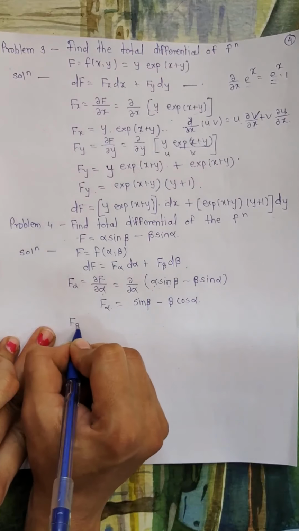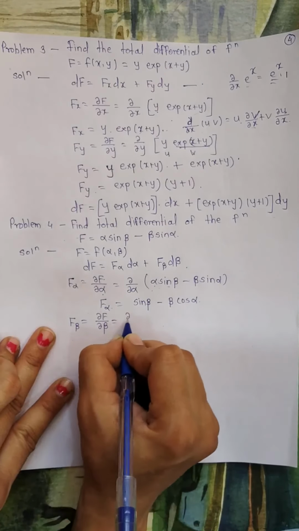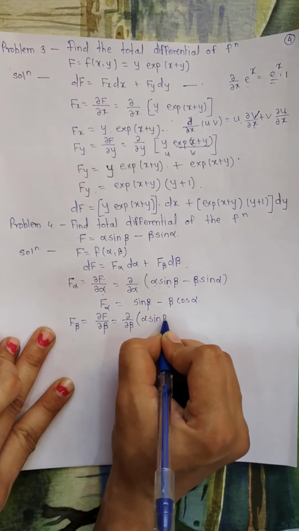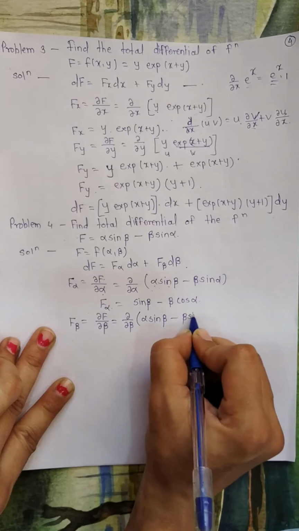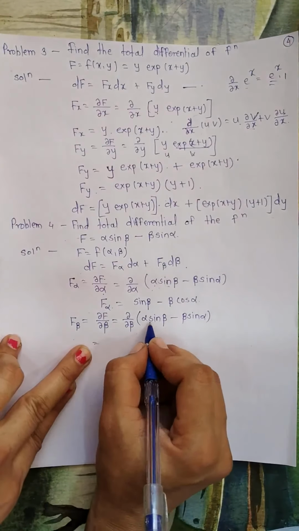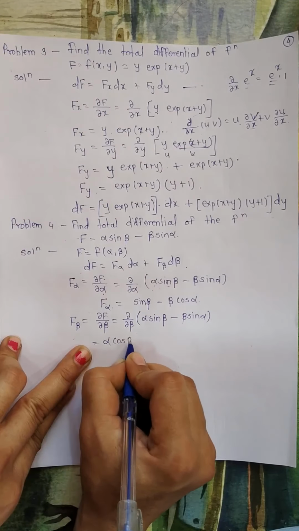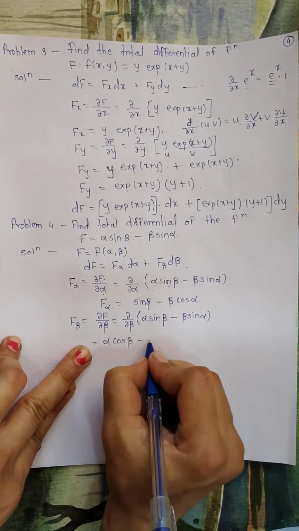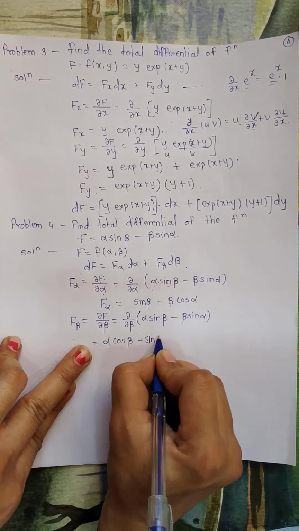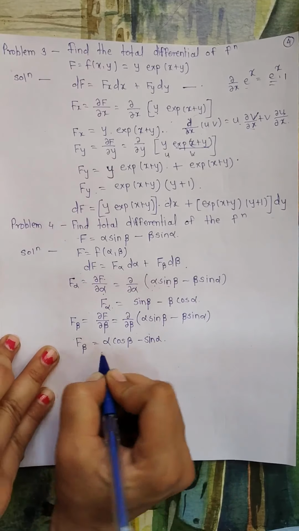Similarly, f beta will be dou f upon dou beta, that is dou by dou beta of alpha sin beta minus beta sin alpha. I will find this derivative very quickly. Here alpha is constant, derivative of sin beta is cos beta, minus derivative of beta is 1 and sin alpha is constant, so I will get sin alpha over here. So this is our f beta.